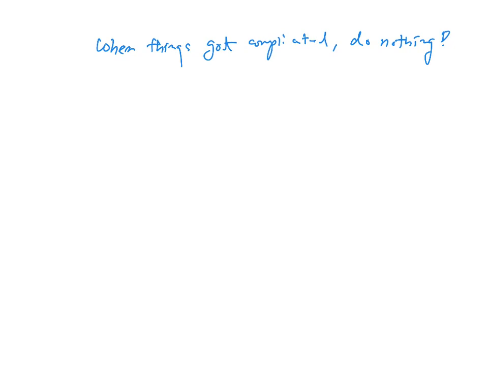This is a really important statement in my class. When you encounter very complicated problems, or you don't know how to do that, then just simply do nothing. But do nothing mathematically.